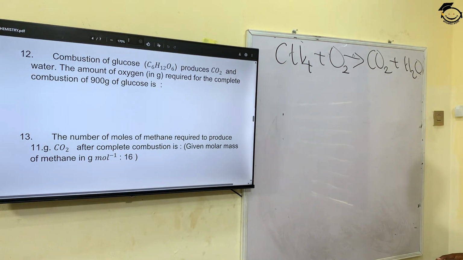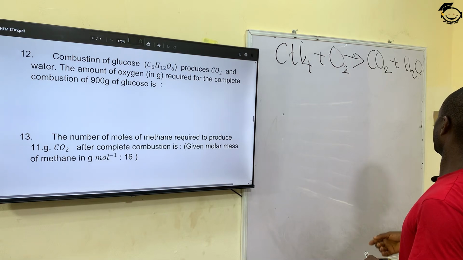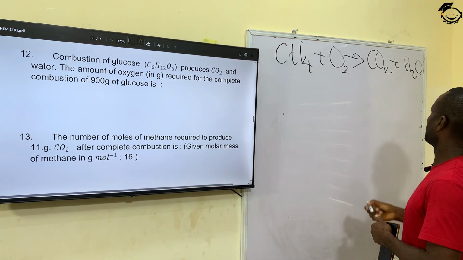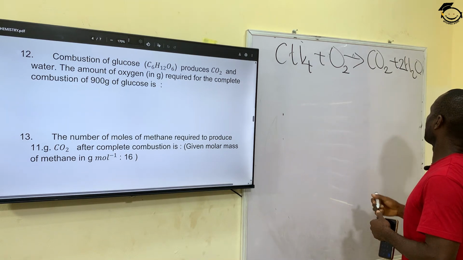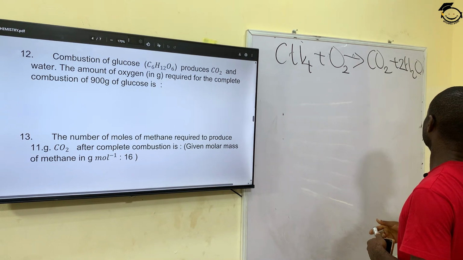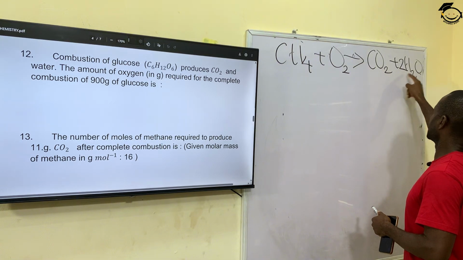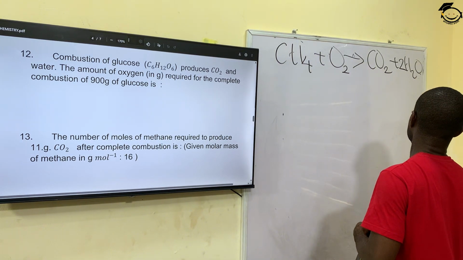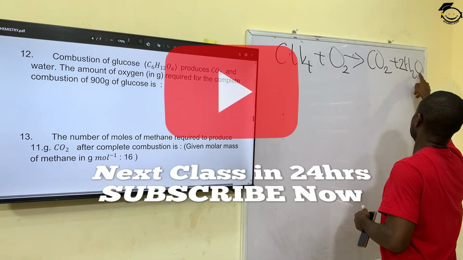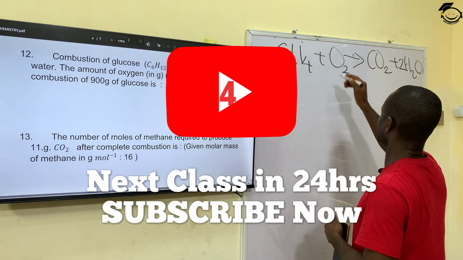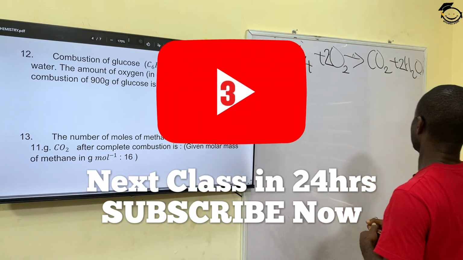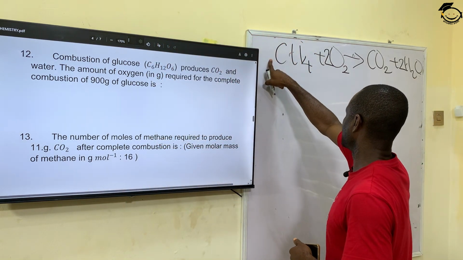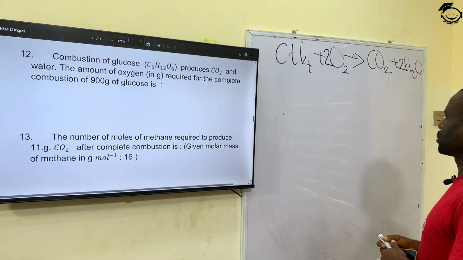So balancing the equation will give you, this is hydrogen, 4, so 2. How about oxygen? Oxygen has become 6 in this case. So oxygen becomes 2 here. So we mean 1 mole of methane reacts with 2 mole of oxygen.